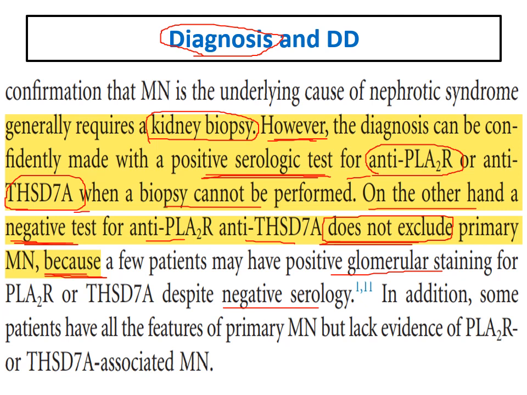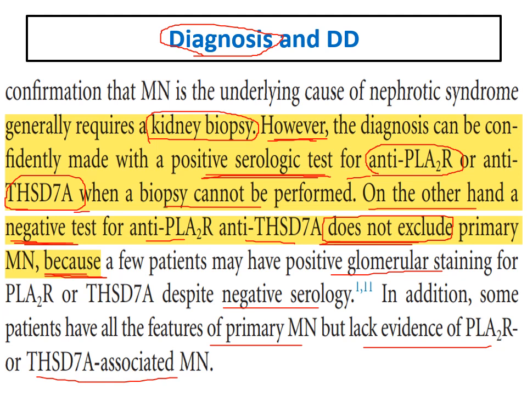If serology in the serum is negative, I can do a renal biopsy and ask for staining for phospholipase A2 receptor and thrombospondin in the biopsy. In addition, there is a small number of patients with primary membranous who are negative for both phospholipase A2 receptor and thrombospondin associated membranous.